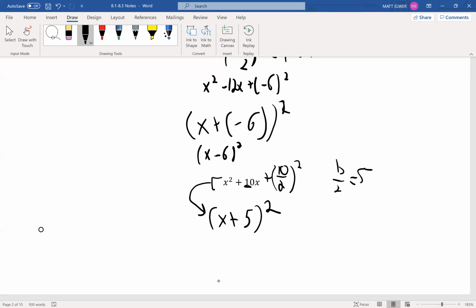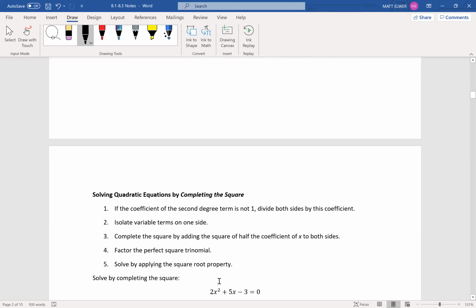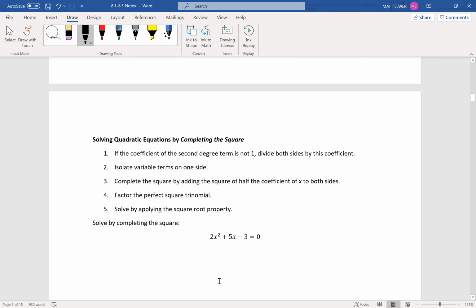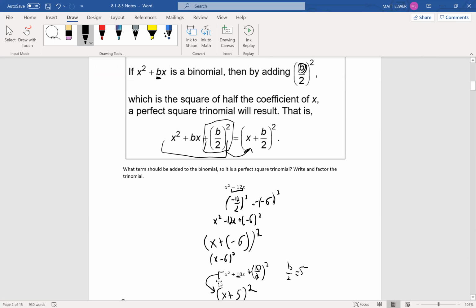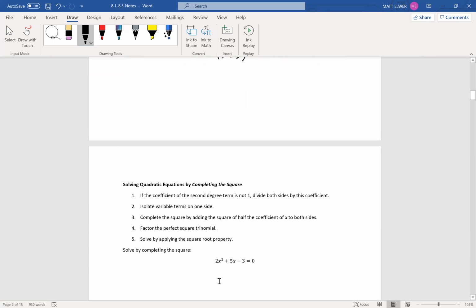All right, so we'll move on to the next page. On the next page, we're going to solve some quadratic equations by completing the square. So we're going to use that method that we just learned, completing the square. I'll rewrite it again: b over 2 quantity squared.